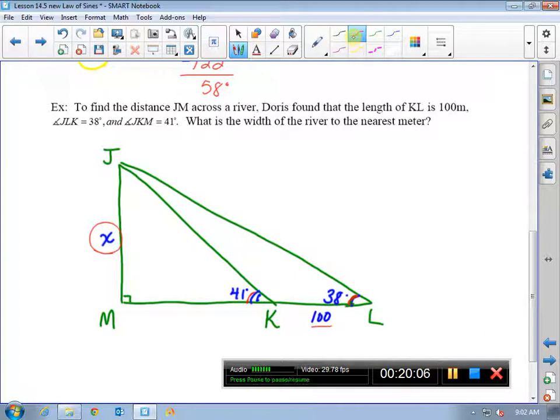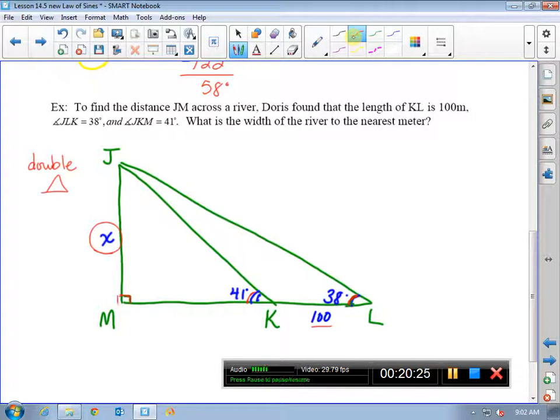So this is a double triangle question. There's actually lots of triangles in here. This type of question, being a double triangle, typically takes 2 steps. So you want to pay attention when we're going across the river. We've got a 90-degree angle here.